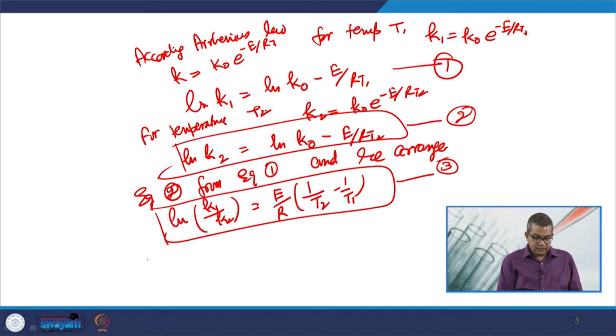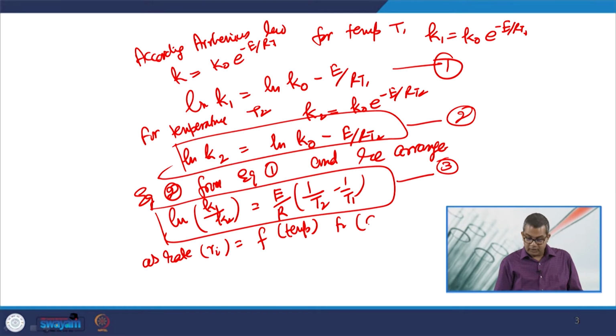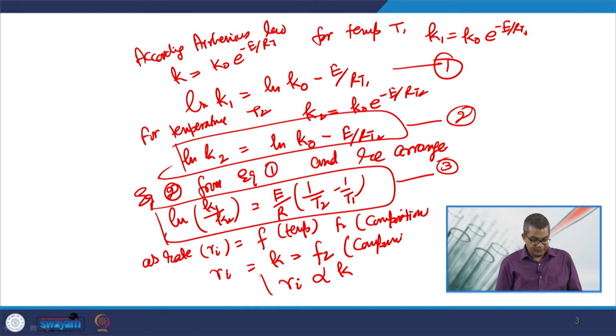So, as we have discussed previously, the rate ri is a function of temperature and composition. So ri = k f(composition), or ri is proportional to k.